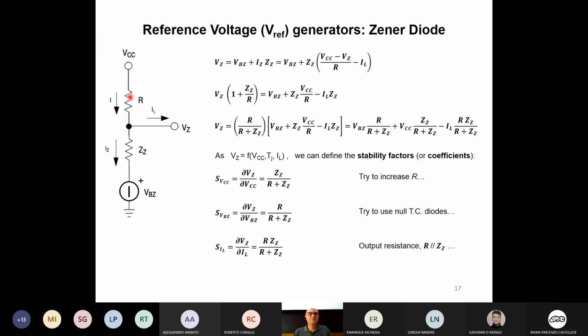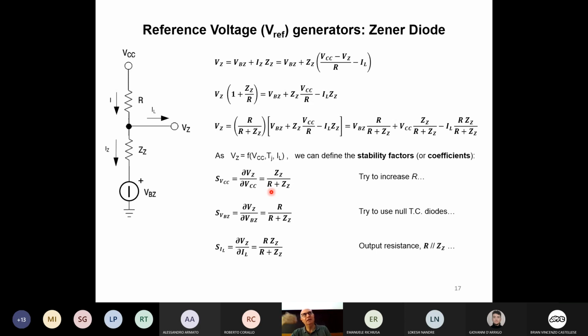So let's say we know how to solve this problem. At the moment we have not solved it, we still have R, but we know how to solve it. We need at least 2 transistors, but we know how to do that. So R goes to infinite, almost infinite.